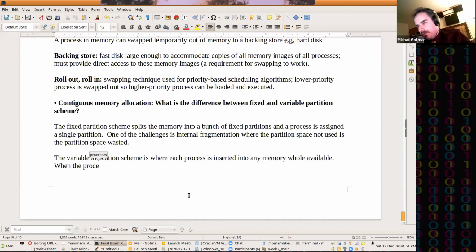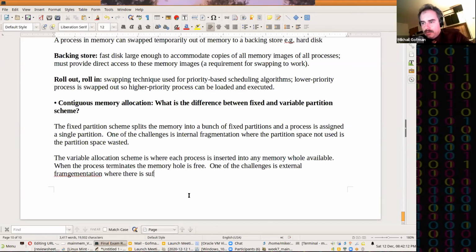When the process terminates, the memory hole is free. One of the challenges is external fragmentation, where there is sufficient overall memory.